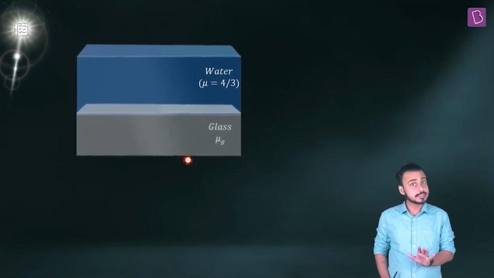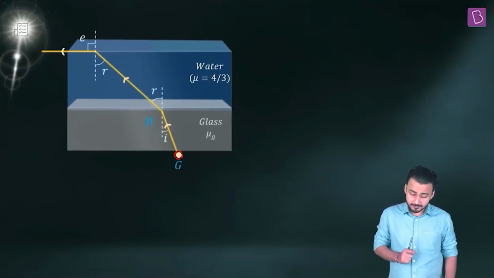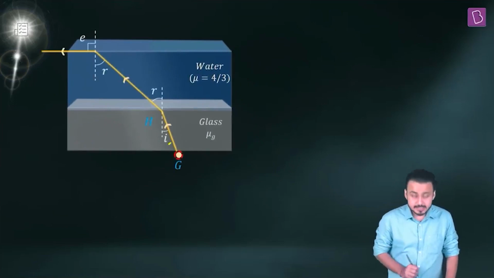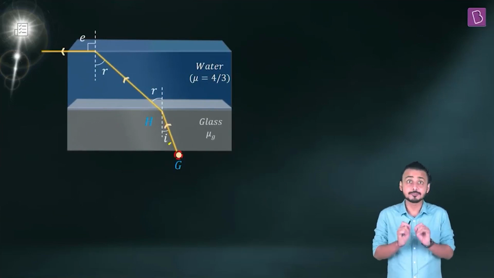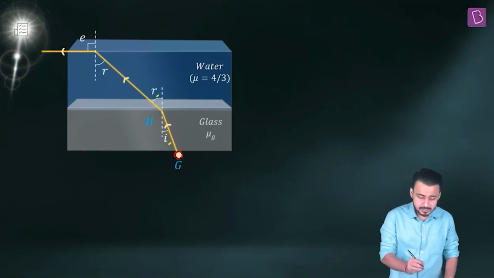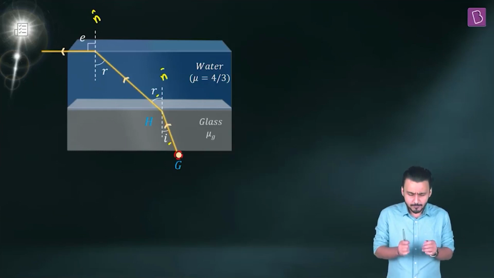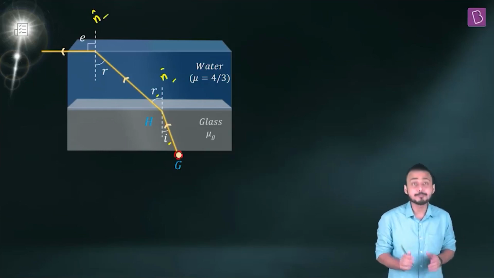Now if we look into the detailed picture, for the first interface, the initial incident angle is I and the angle of refraction is R. Because this is a normal n cap and this is also the normal n cap to the parallel surfaces, these two normals will be parallel.